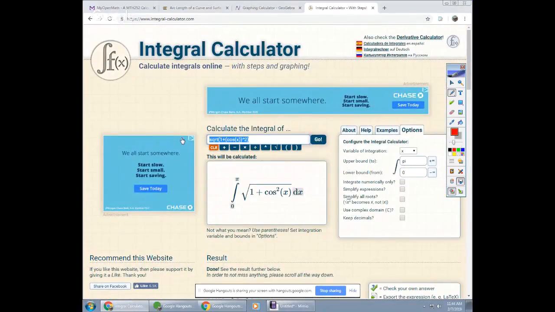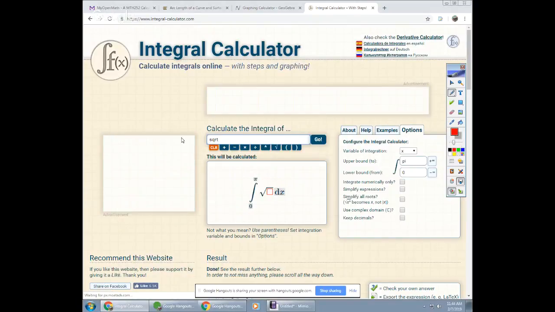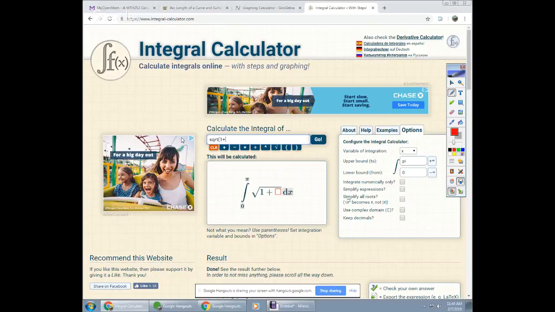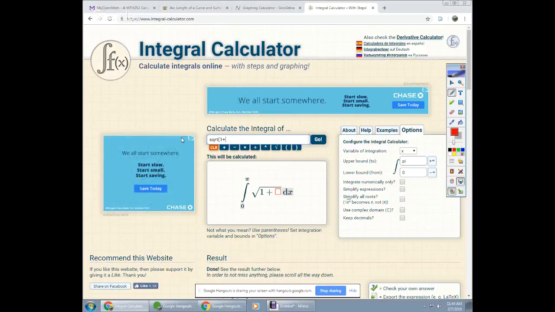I recommend it. So my integrand is the square root of 1 plus, and then another parentheses, e raised to the x plus, is that what I started with?